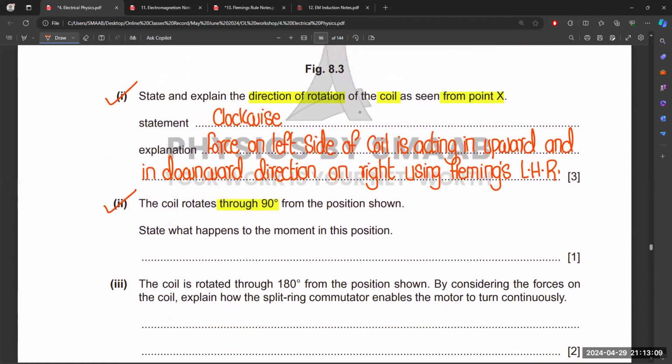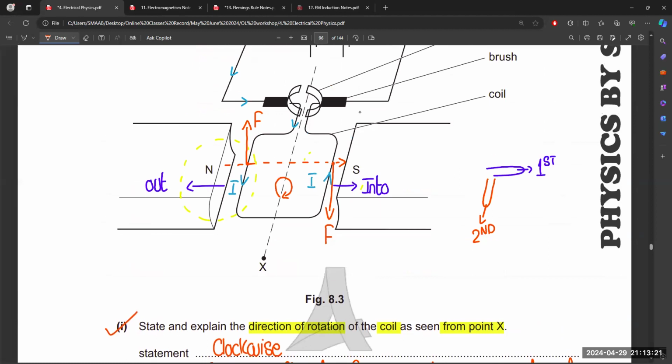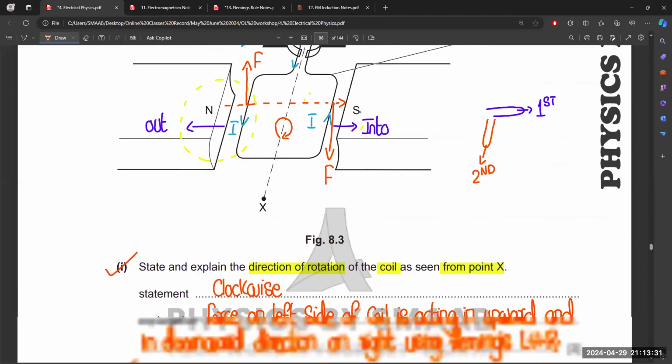Now the coil rotates through 90 degrees, perpendicular to the position given in the diagram. What happens to the moment in this position? We know it is horizontal, and when it rotates through 90 degrees, it becomes perpendicular. In the perpendicular position, there is zero torque, zero turning effect, or zero moment.